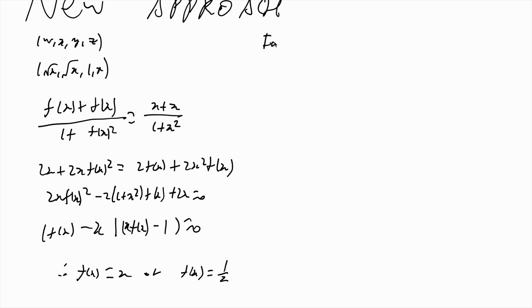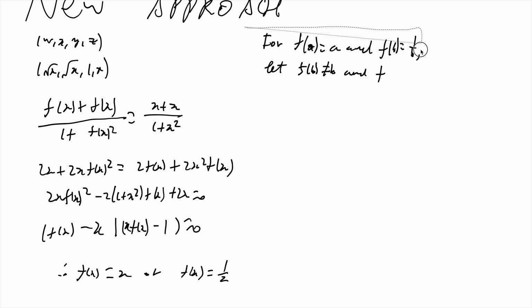So for f of a equals a and f of b equals 1 over b. We're actually going to use contradiction here.